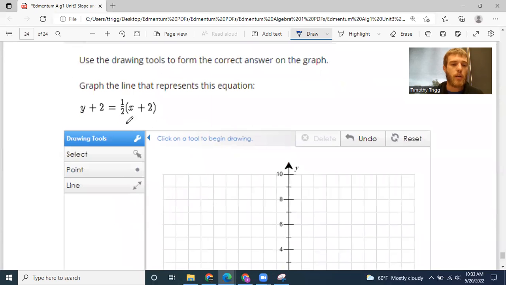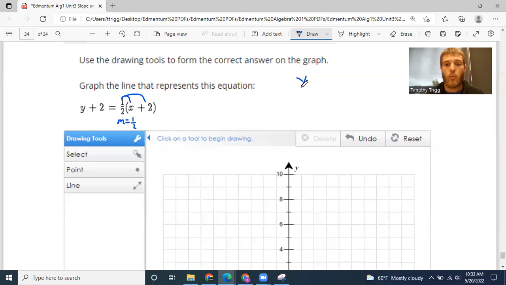All right, for this one, our slope is 1/2. Okay, but one thing we could do is we can get this into slope-intercept form. So the first thing I would do is distribute this 1/2 here. So 1/2 times x, and then 1/2 times 2.